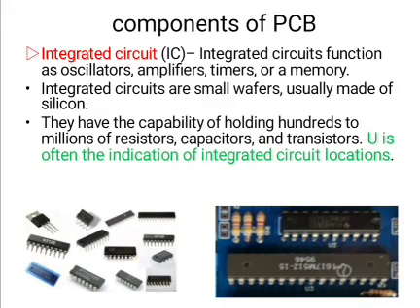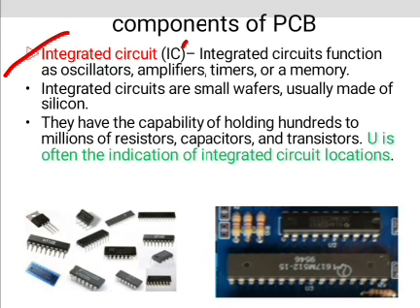Dear students, in the last session I had explained some common basic PCB components, but in this session also I will explain some components of PCBs. First is the integrated circuit, that means IC.